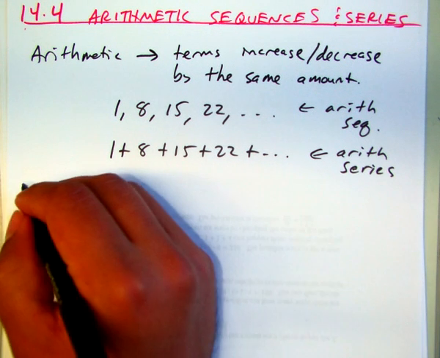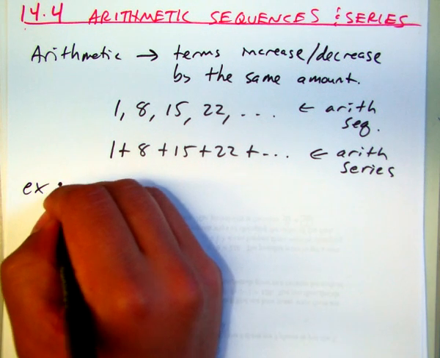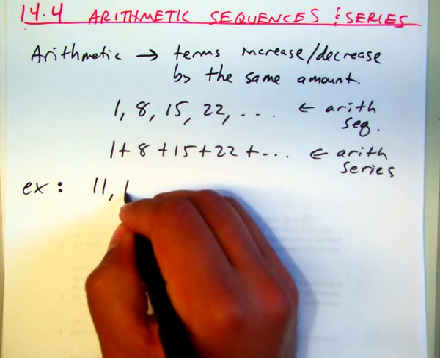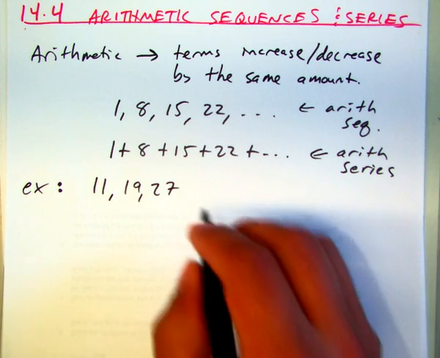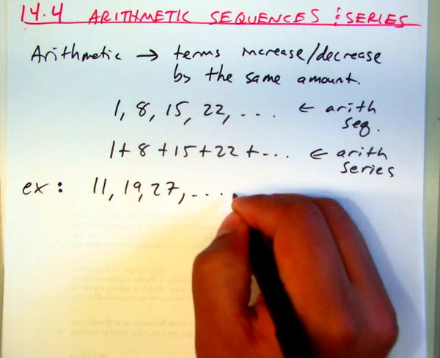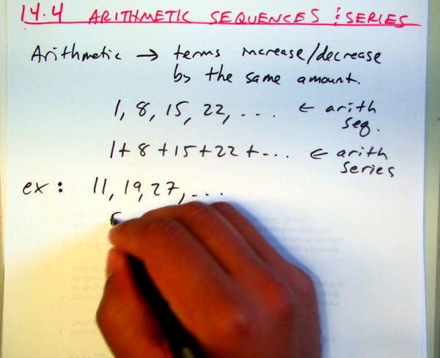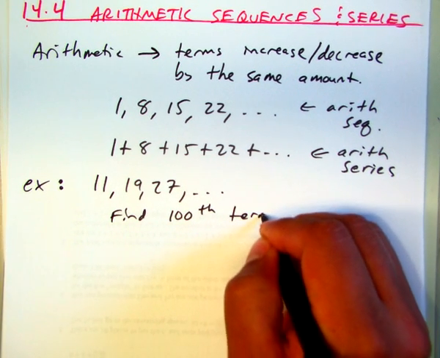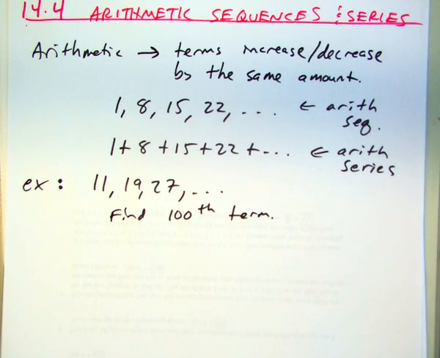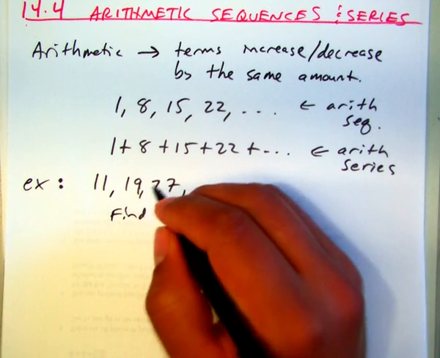So let's start with an example like 11, 19, 27, and our goal is to find the 100th term. There are a couple of options here.